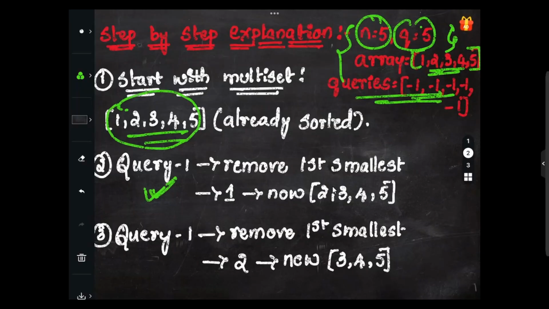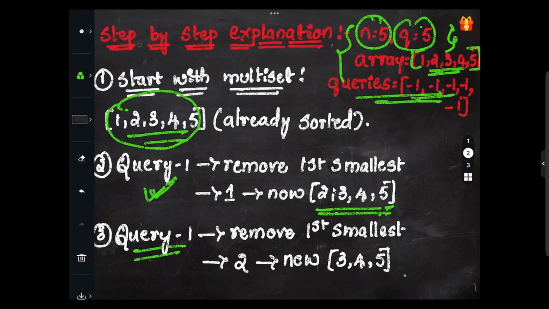So let's move on with the first query. We have to remove the first smallest, which in the array is 1 itself. Now the array consists of 2, 3, 4, 5 after removal, right? Next, the next query, minus 1, whatever I have written.